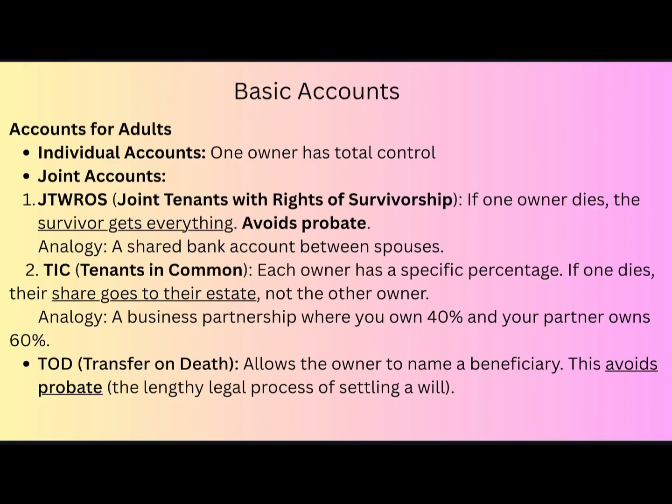And then you have joint accounts, and there are different types of joint accounts. In a joint account, two or more adults are named on the account as co-owners, each having control over the account. A few points to remember about joint accounts. The account forms for joint accounts require the signatures of all owners.